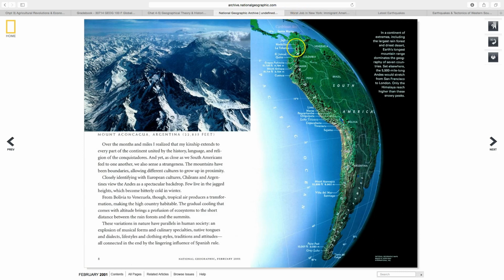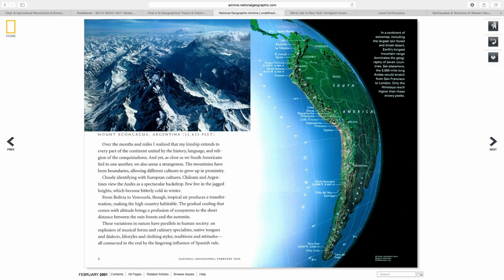You can see how the Andes changes in extent, in volcanic activity, and in peaks all throughout its span in South America.